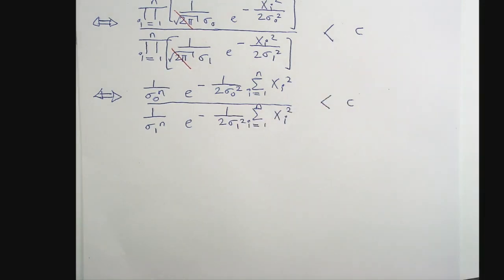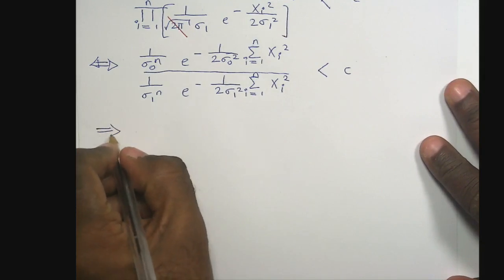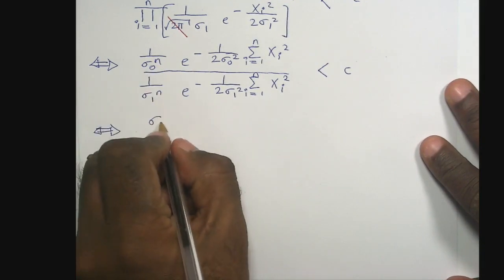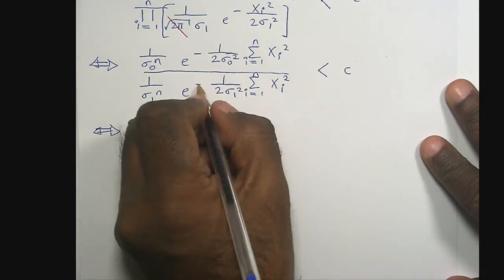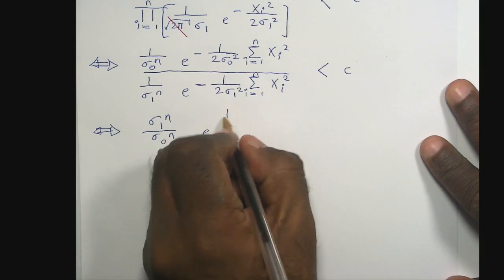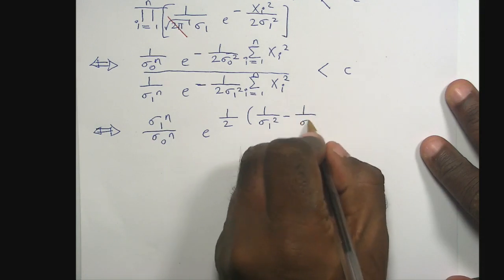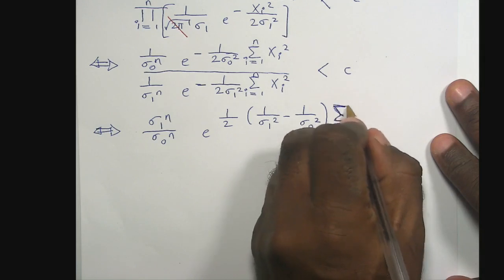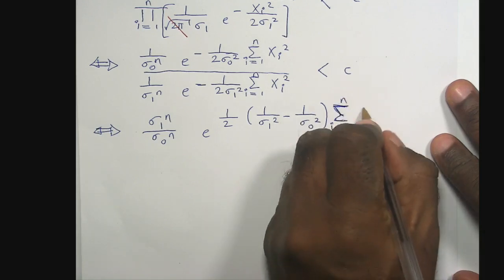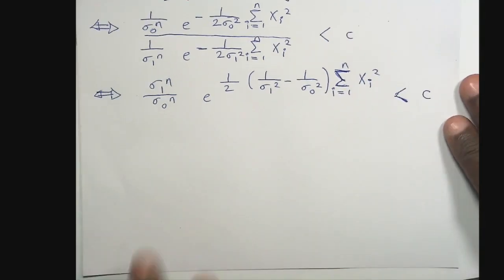yes, this is what you get, right? Now you can simplify this further to this, and this put together will become sigma 1 and sigma 0, and this will give you, yes.